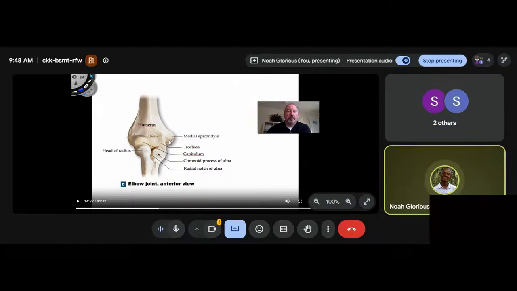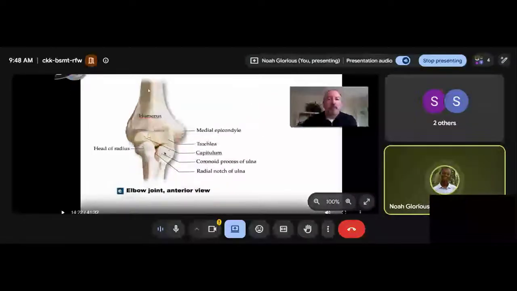You can now see that this is at the elbow where the humerus comes and ends. You can see that, yeah. And then now our two bones, the radius and the ulna, from the other side, where we have the groove at the bottom there. Now we have the trochlea, the small bone here.